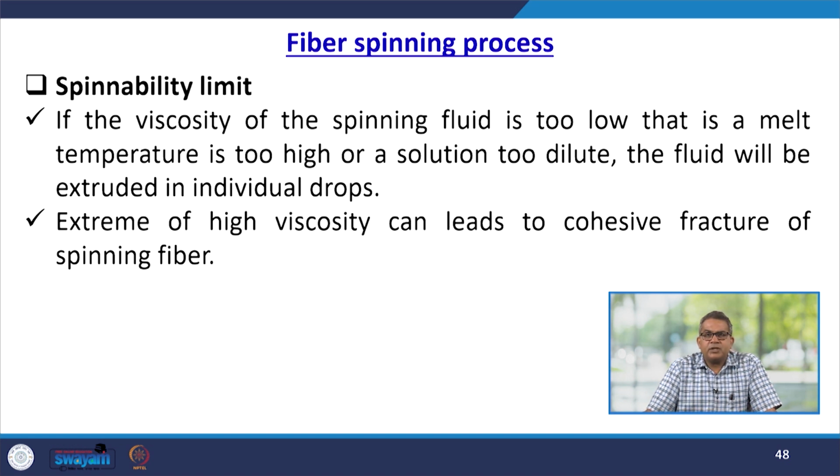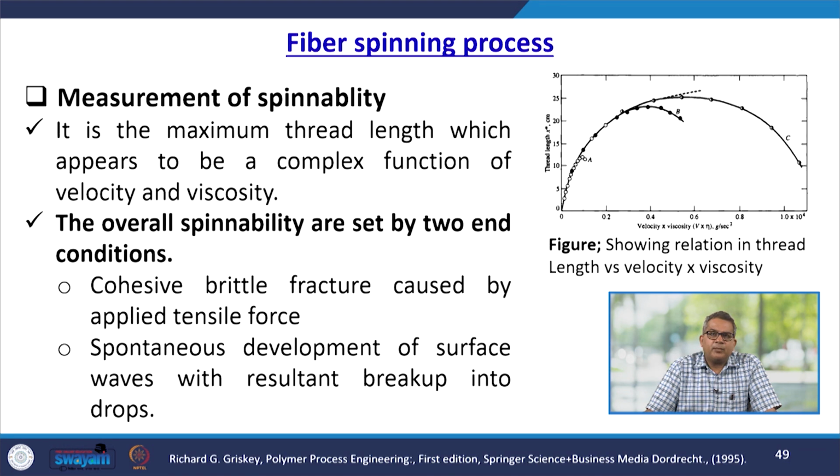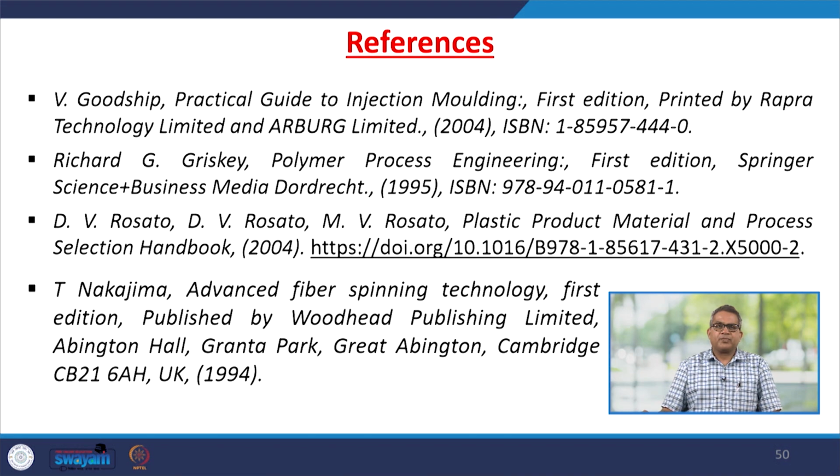Extremes of high viscosity can lead to cohesive fracture of the spinning fiber. The measurement of spinnability is the maximum thread length, which appears to be a complex function of viscosity and velocity. Now, the overall spinnability is set by two end conditions: cohesive brittle fracture caused by the applied tensile force, and a spontaneous development of surface waves with the resulting breakup into drops.